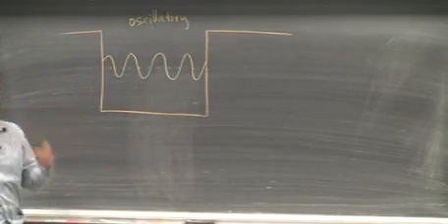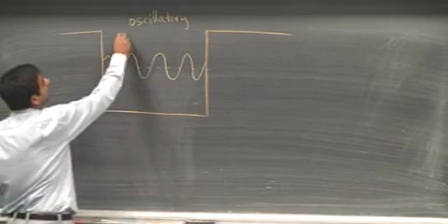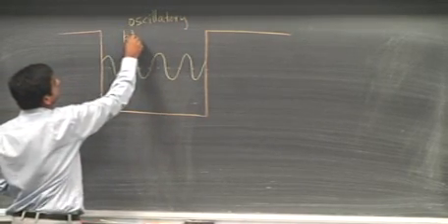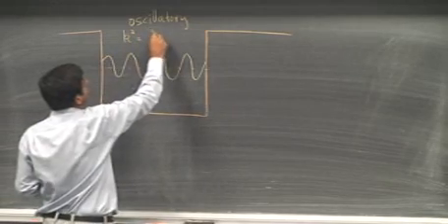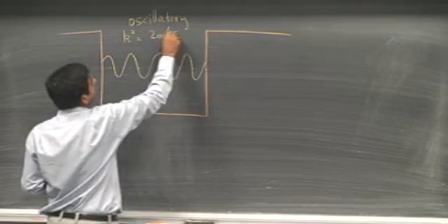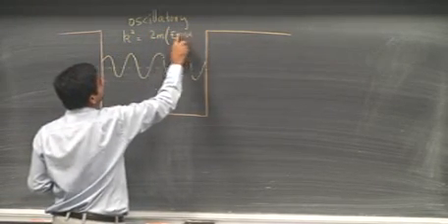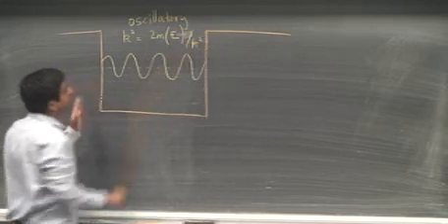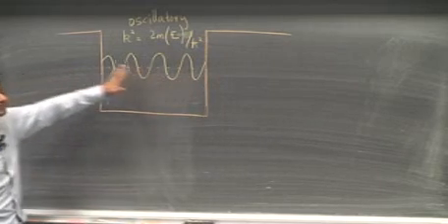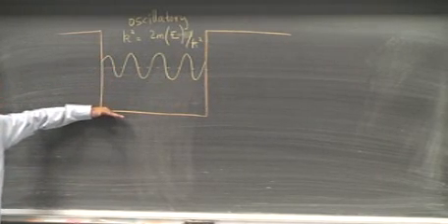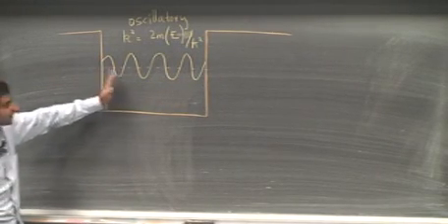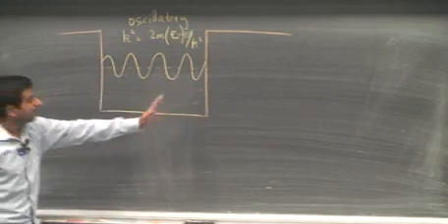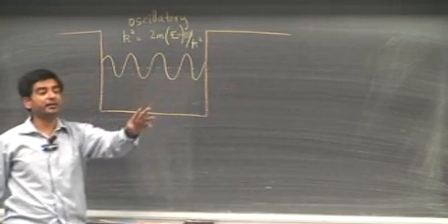It has a certain wavelength and a certain wave number, and that wave number squared, k squared, is given by 2m (E minus U, which is 0) over h bar squared. So we have an oscillatory wave function inside the well because the energy is greater than the potential energy. This is a classically allowed region, but these regions are classically forbidden.